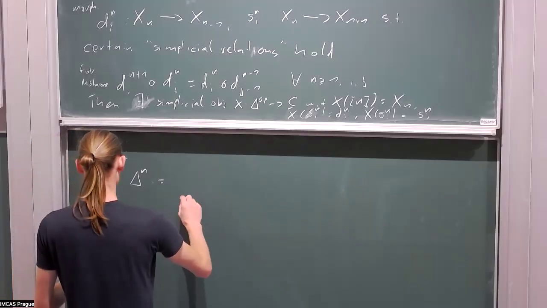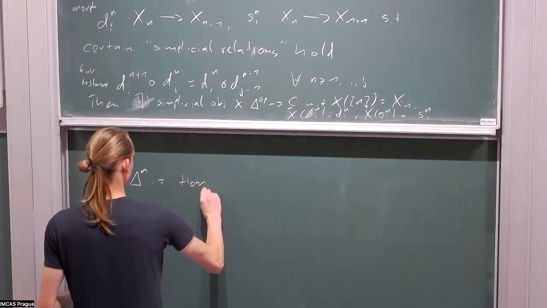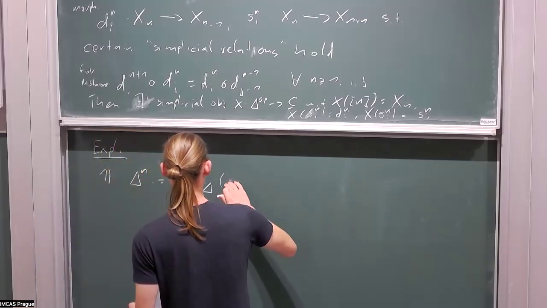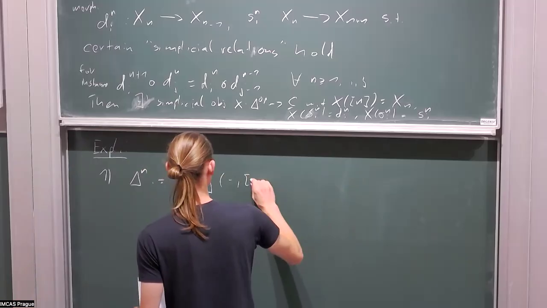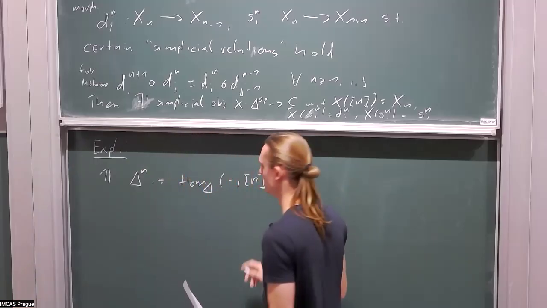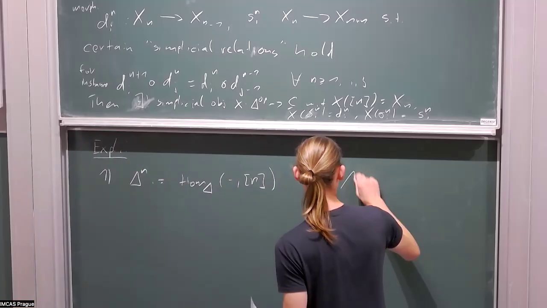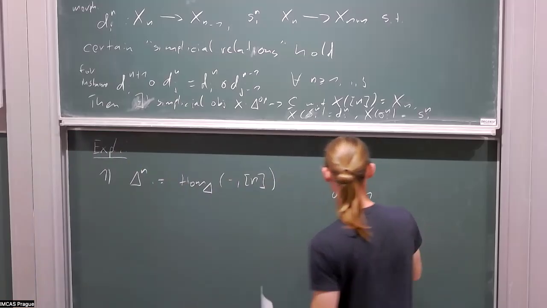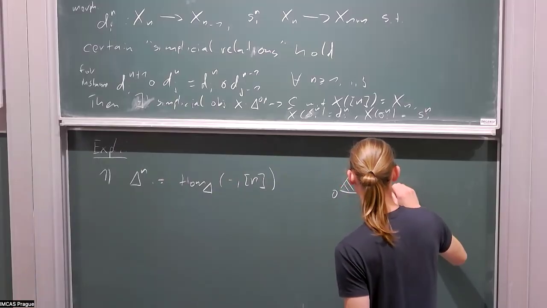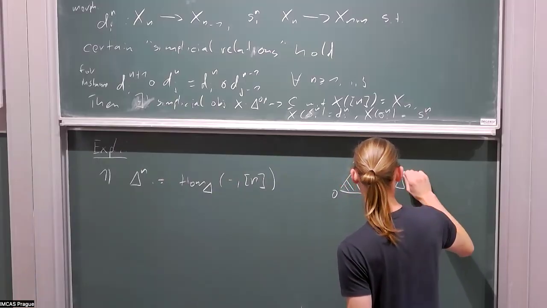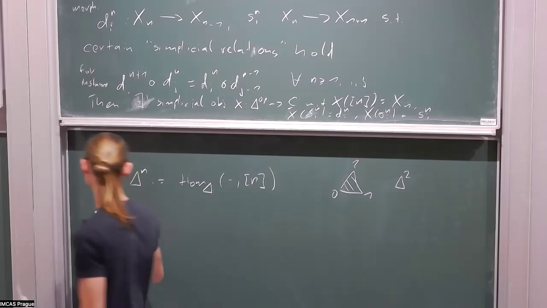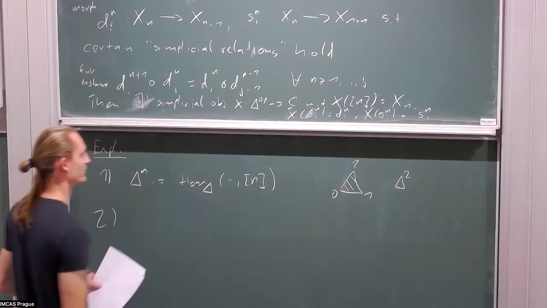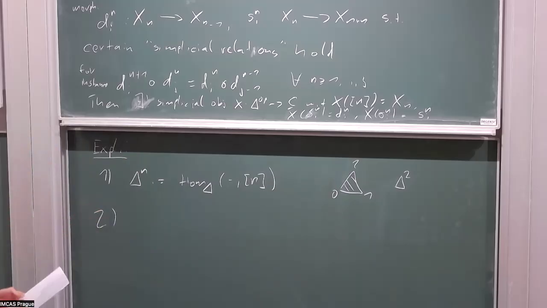Those are just the homomorphisms in the simplicial category from the first variable to the object [n]. And you can picture this, if you want, as such a simplex. So this would be a picture of delta 2. Okay, now I've drawn some picture. Let's make this more precise with the second example.